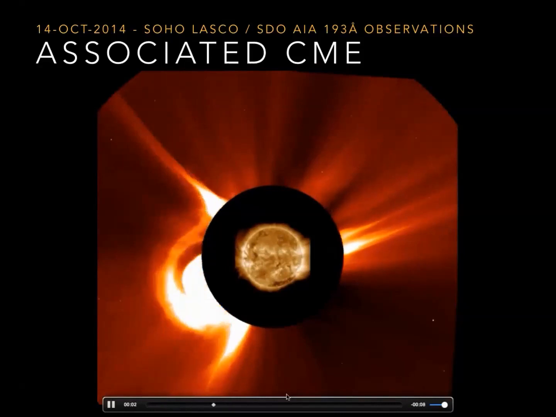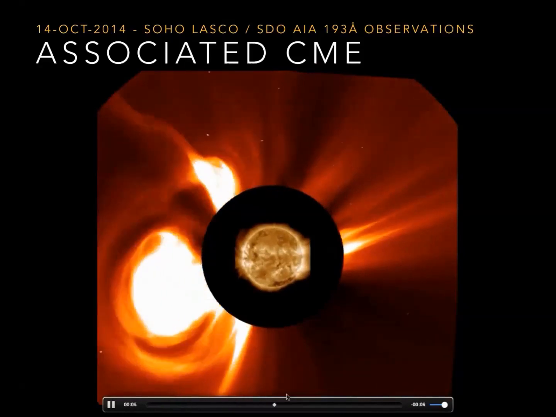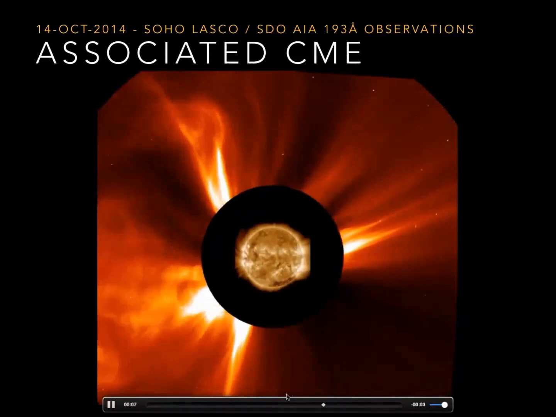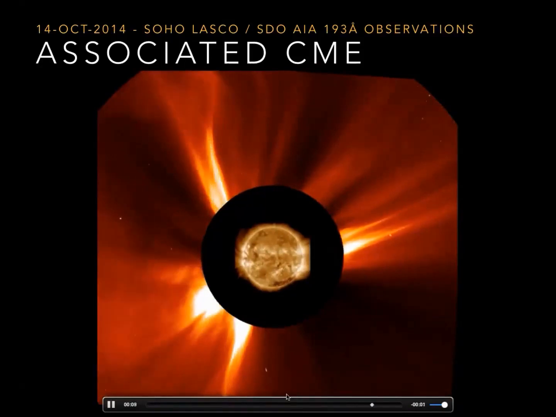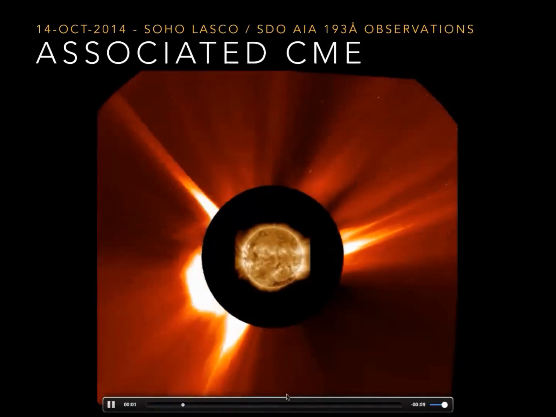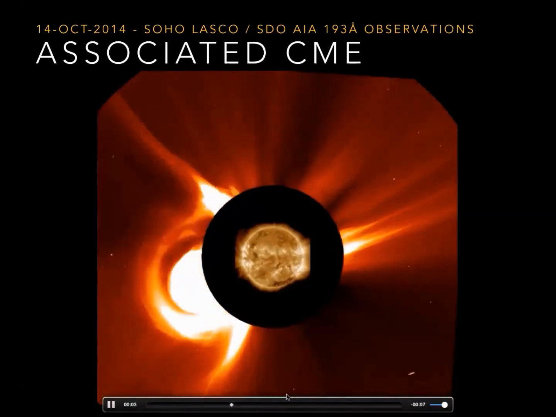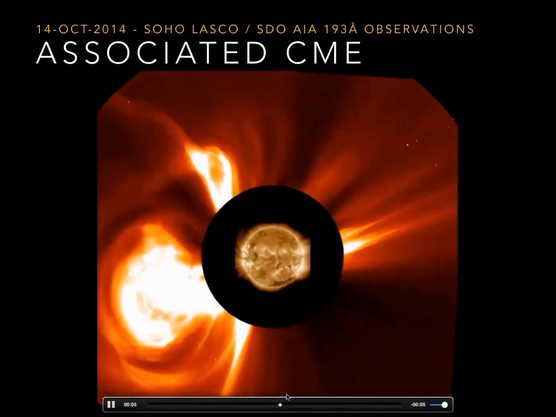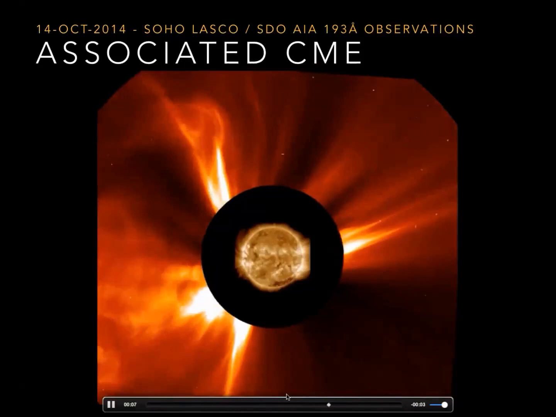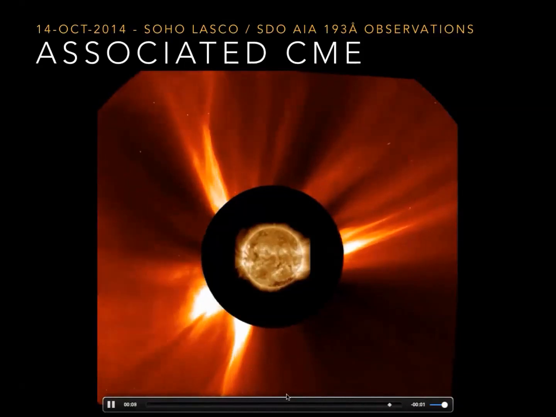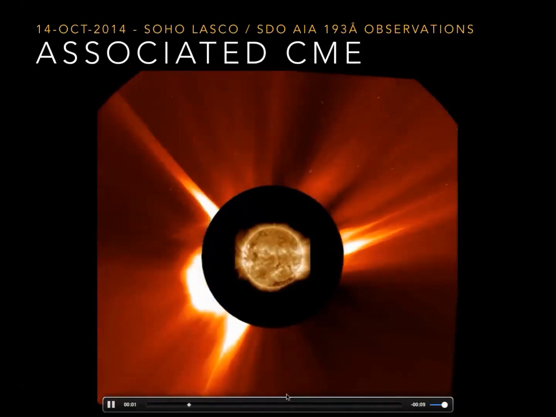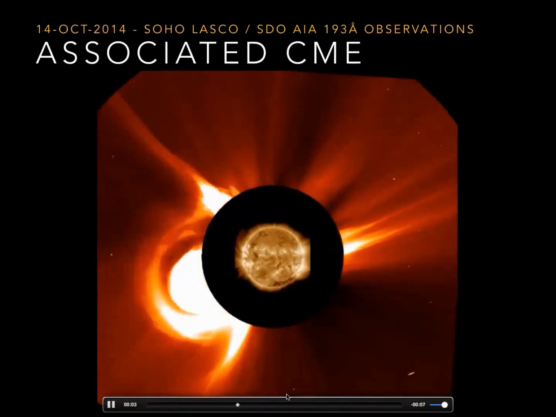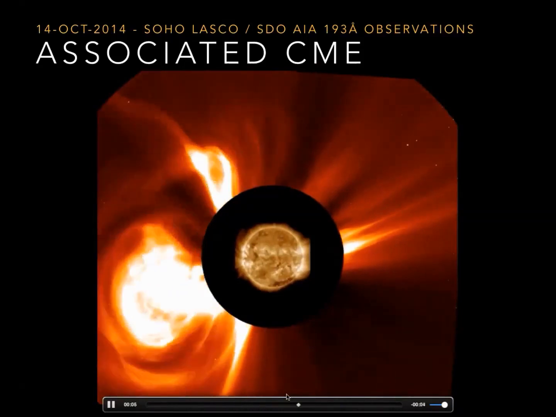These CMEs are often associated with prominence and filament eruptions, but also with solar flares. We're still looking into how they're related to each other. There were big arguments in the past on whether CMEs cause flares or flares cause CMEs, but we're seeing different aspects of the same thing.